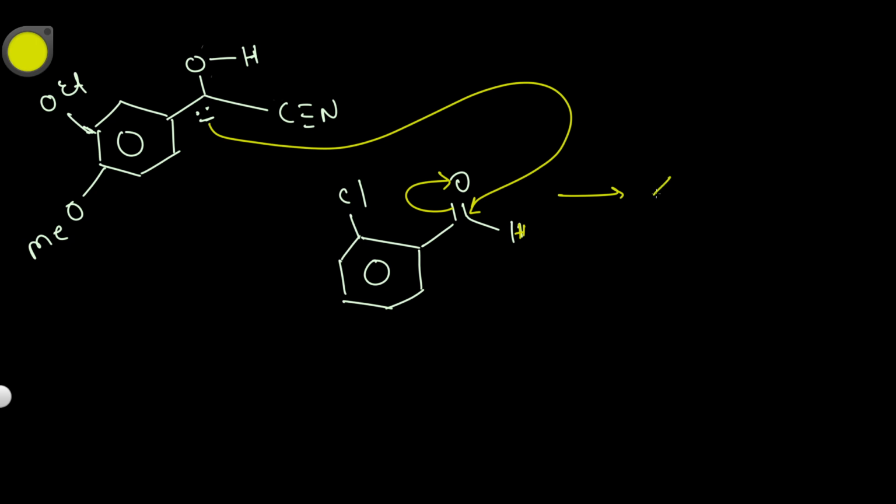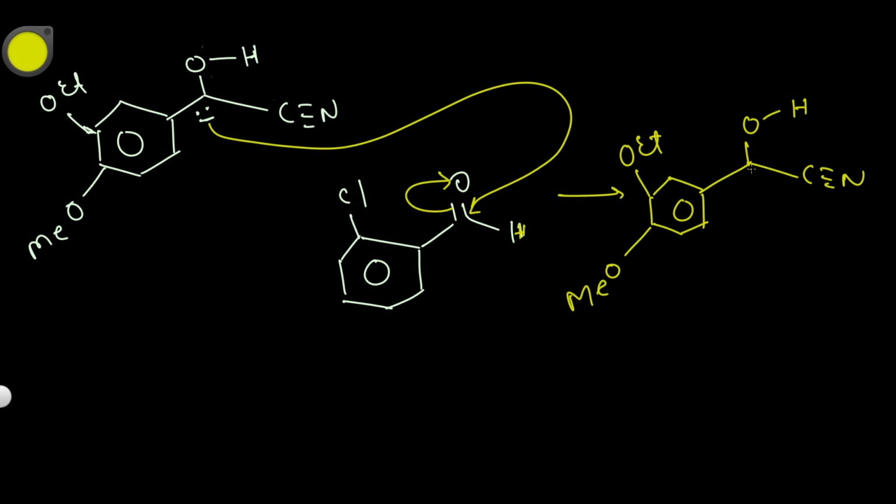and now we get something like this. Very interesting molecule you will get in the final product. Very beautiful molecule you will get, don't worry. Okay, and here you have an H, C triple bond N, and here you will get O minus, right? Okay, and here you have something like this. Here is the chlorine, right?